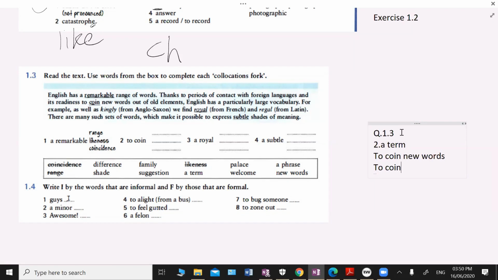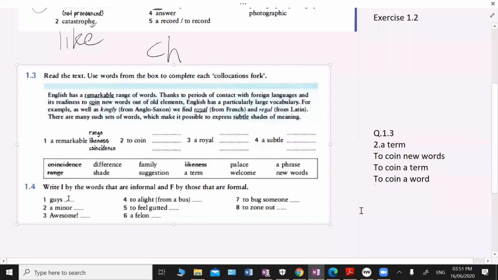Let's say a term, to coin a term, to coin a name, to coin a word. Yes, that's right. To coin, to make, to create, to design, to conceive, to coin a word. Yes, that's right. Okay, now we move on to question number 1.4.